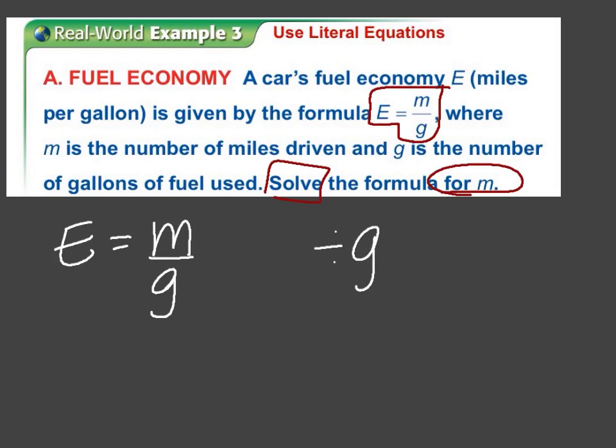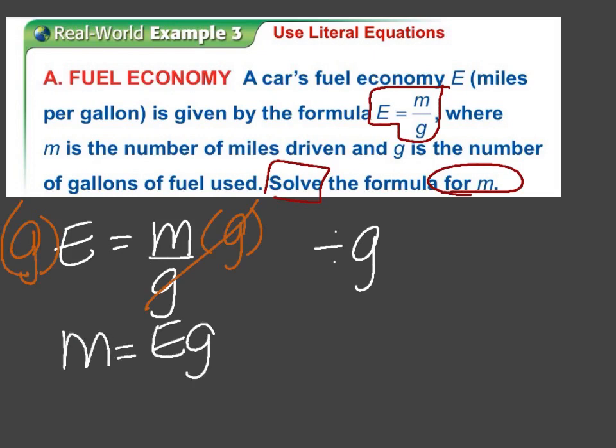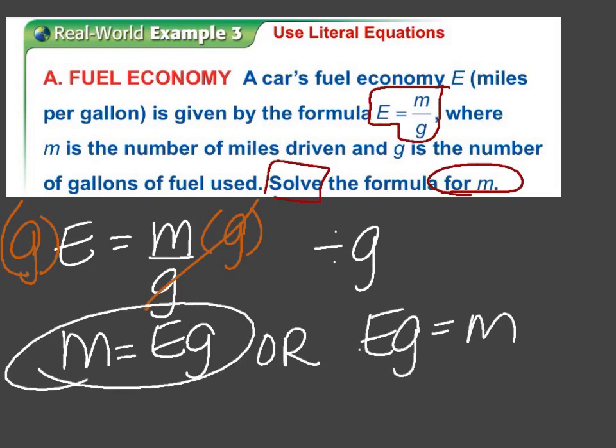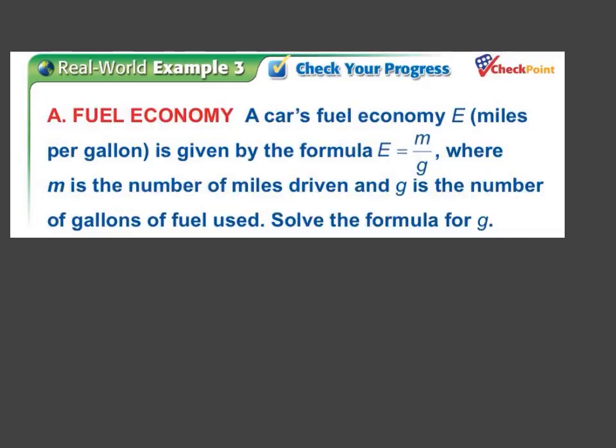So you're going to do the opposite and multiply by g on both sides. When you do that, your g's cancel, and then what you're left with is your answer of m equals E times g. Or you can have E times g equals m. Either one of those is fine.